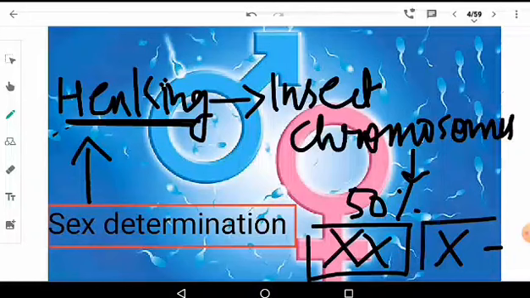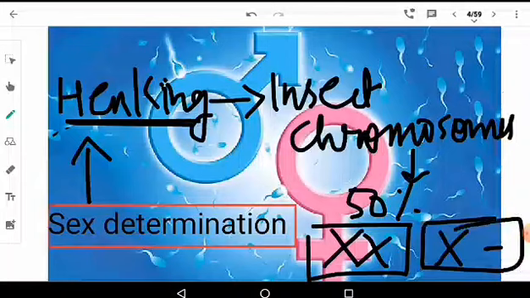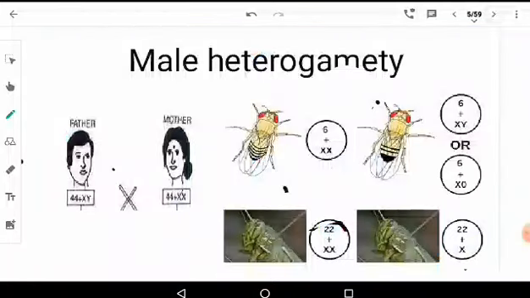And this was what he identified. And he named these X like structures as X bodies, and later on, the modern biologists renamed it as X chromosomes. Now, how do these X chromosomes help in determining the sex of an individual? That's what we're going to discuss here.